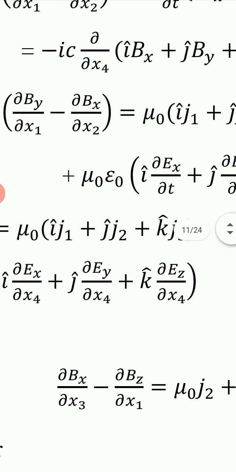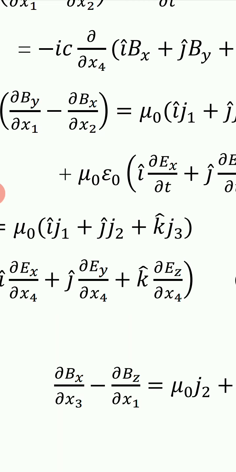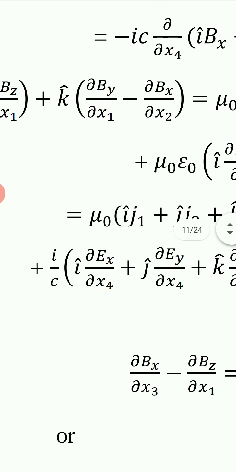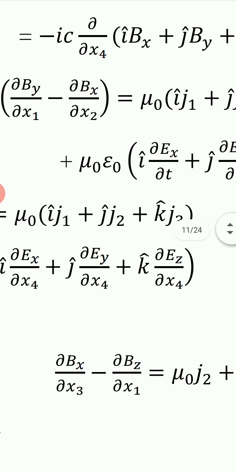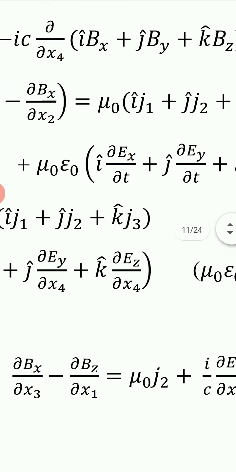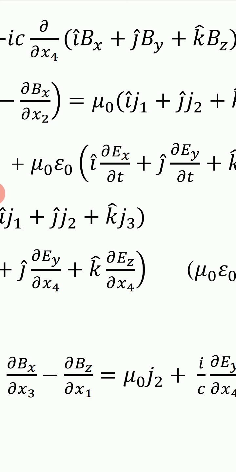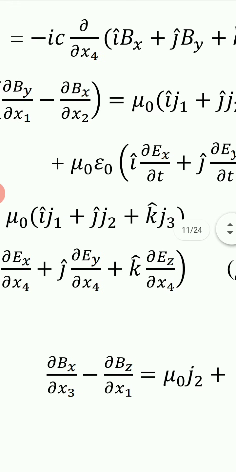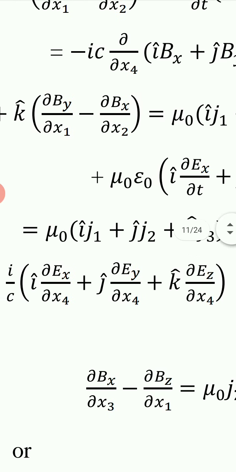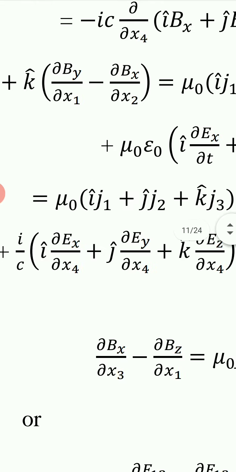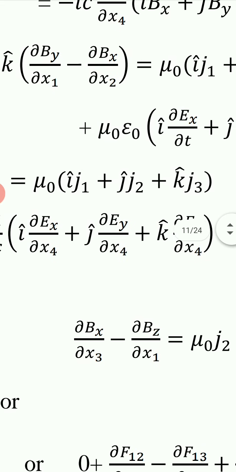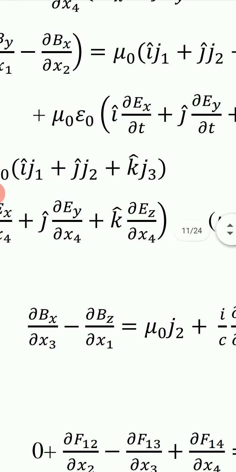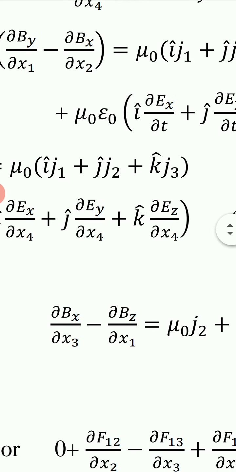So in the second term for mu 0 epsilon 0 we write 1 upon c square, and where there is term of delta t in denominator we multiply by IC so that ICT becomes x4.